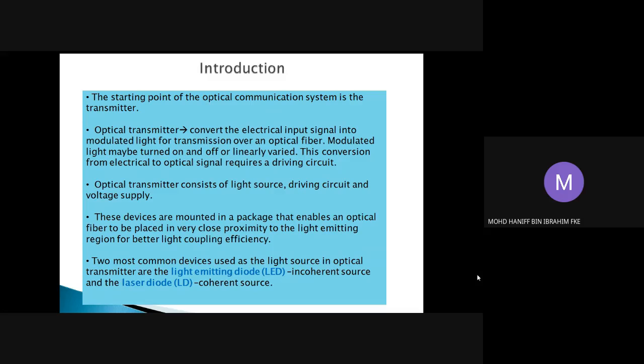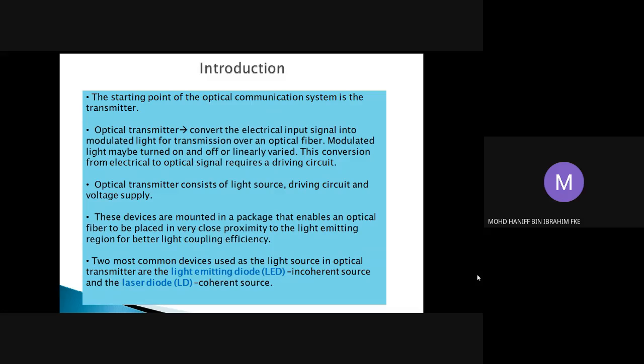That is the purpose or the function of the optical transmitter. In terms of modulation of light, there are a few methods that can be used, and I believe that you have learned about modulation in PCOM in 3rd year. There are a few types of modulations: we have FM, we have AM, and digital modulation such as ASK and FSK. All of these are modulation methods that can be applied in the optical fiber communication system.